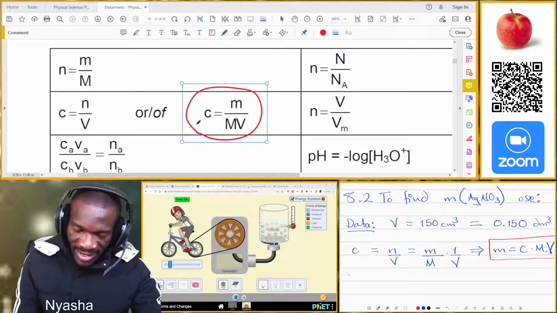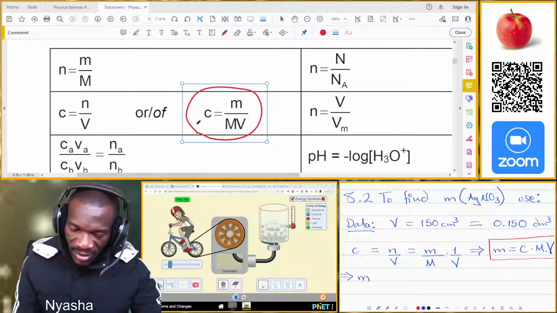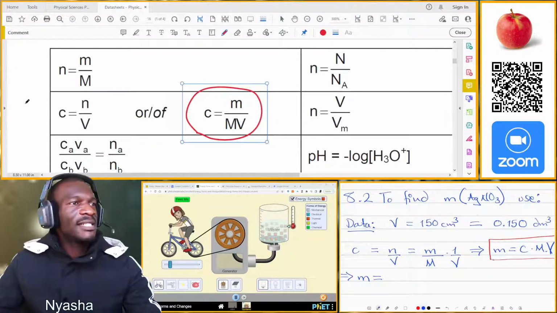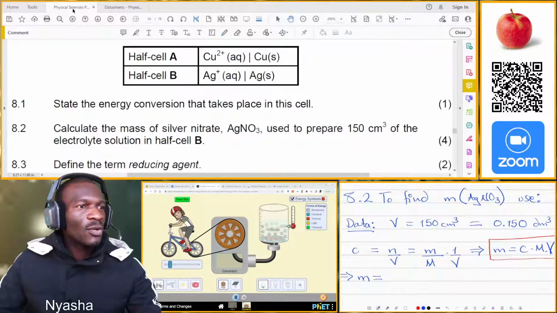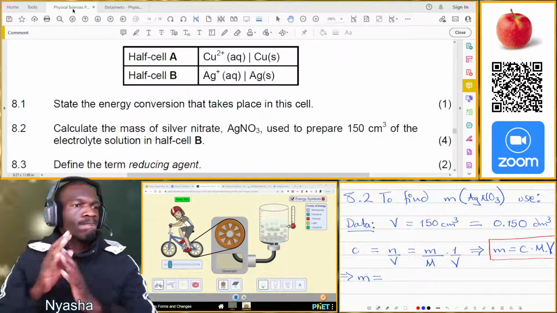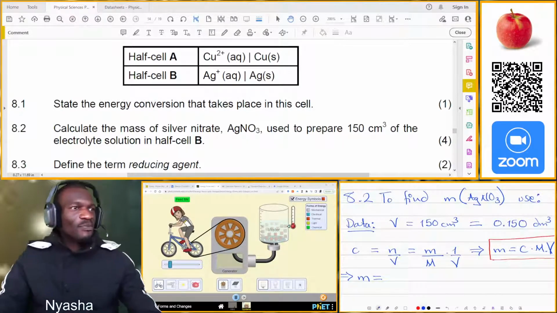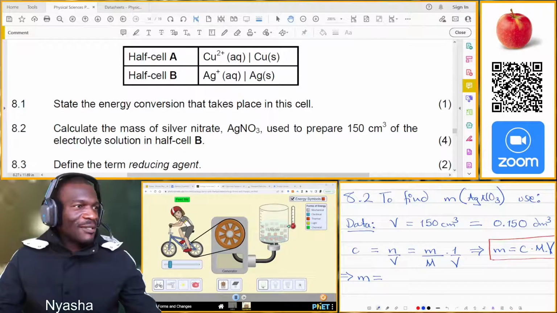So let's now find the mass. Where is the concentration now? How can we find the concentration?